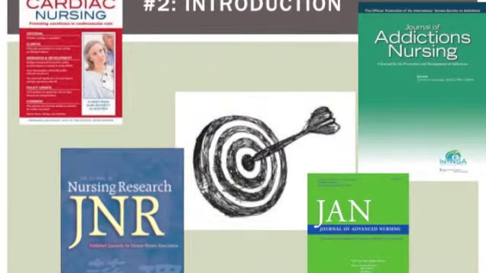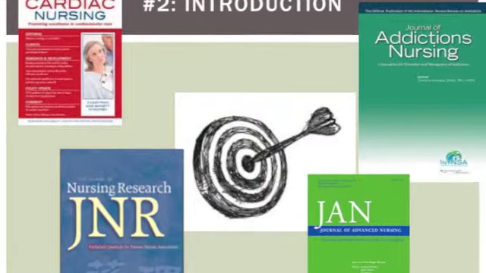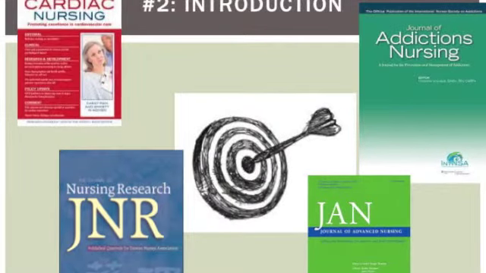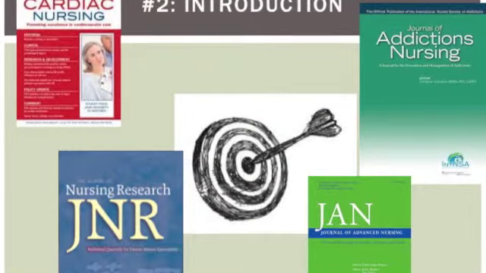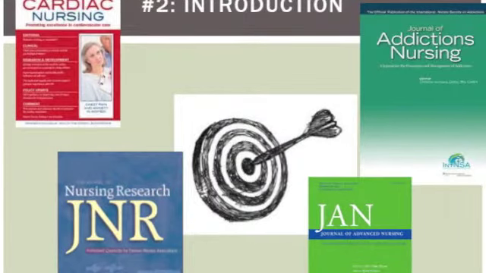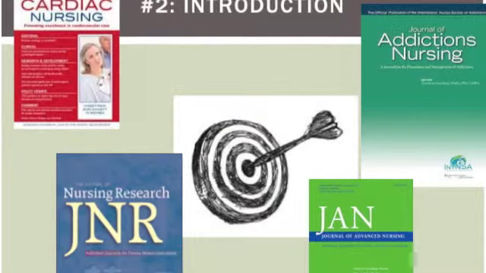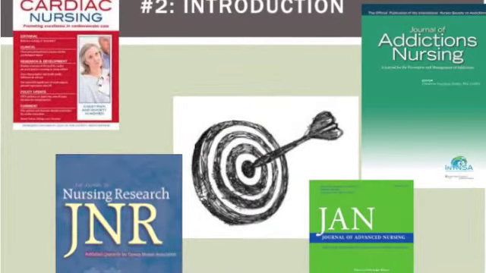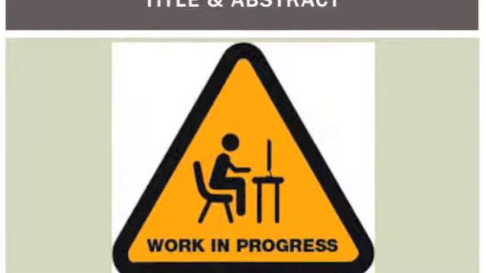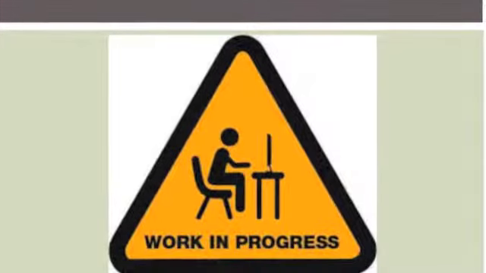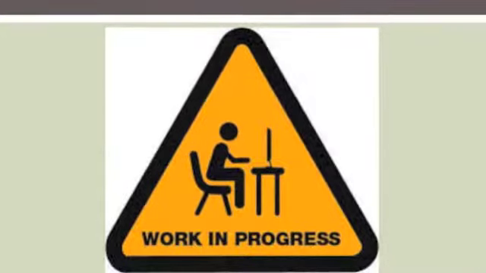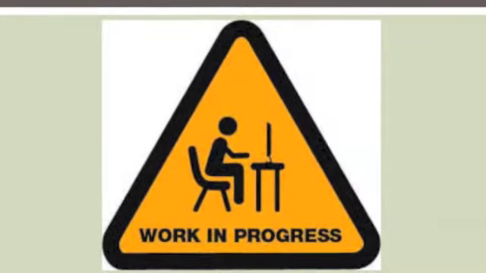And remember, it must all comply with the selected target journal. So look at your target journal and look at a couple of systematic reviews in the most recent years and see if your own manuscript can follow that format. So yes, at this point in the course, your abstract is still a work in progress.